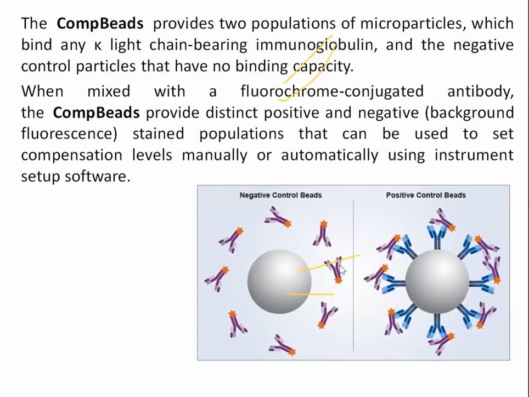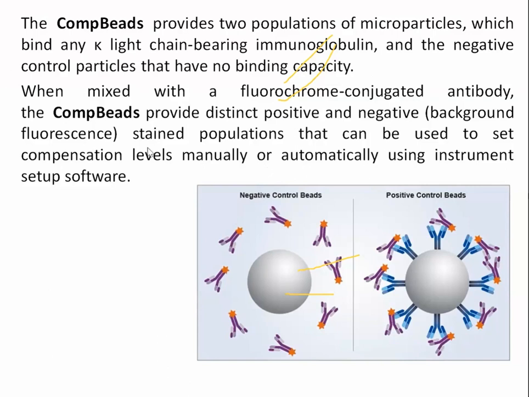When you add an antibody to these beads, the antibodies will bind to the beads having the anti-kappa molecule, and will not bind to beads which have nothing on their surface. So you get a mixture of stained beads and unstained beads. That is the advantage of using these beads. In one particular bead sample itself, you will have an unstained population and a stained population.